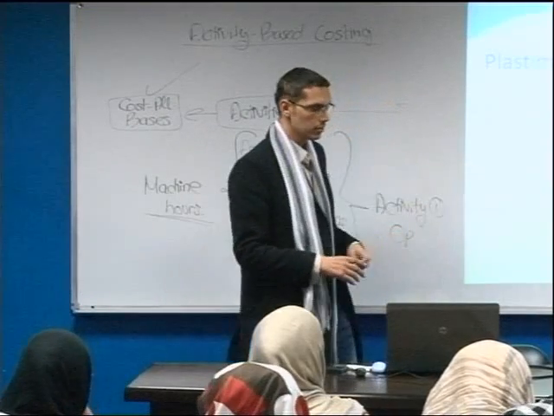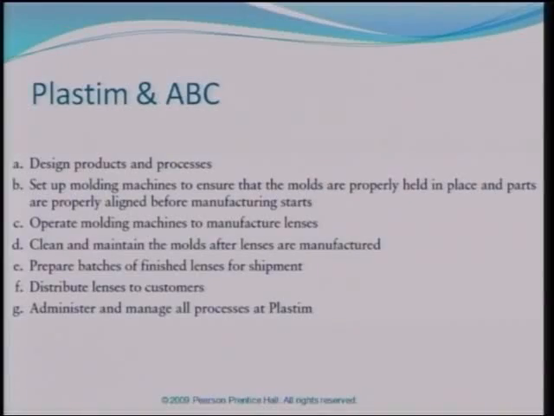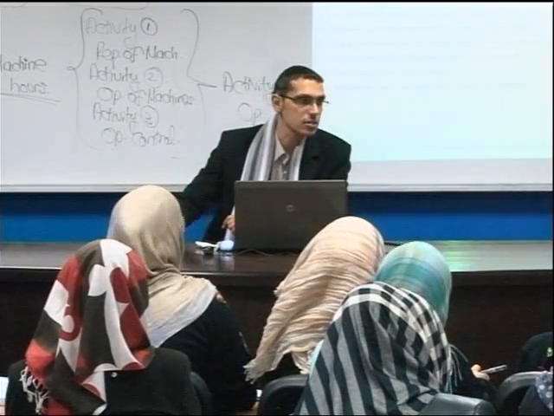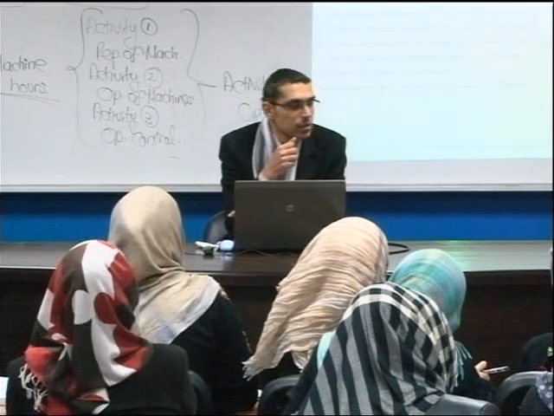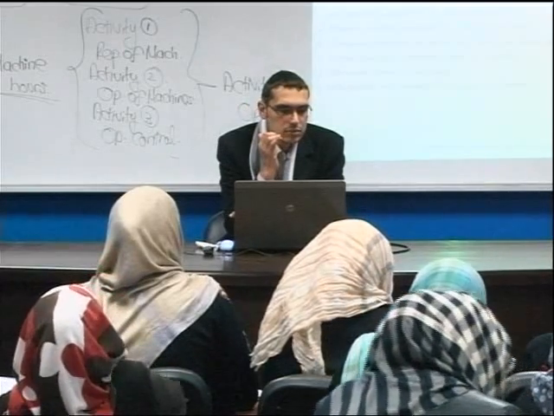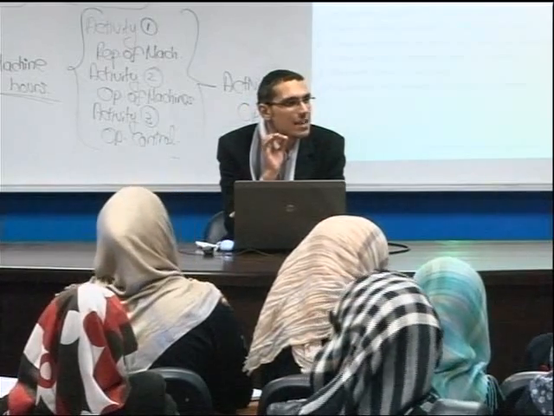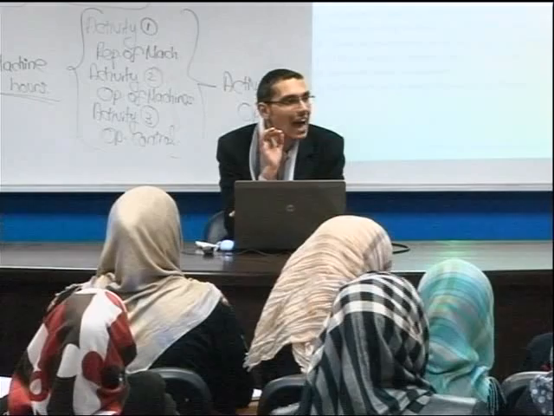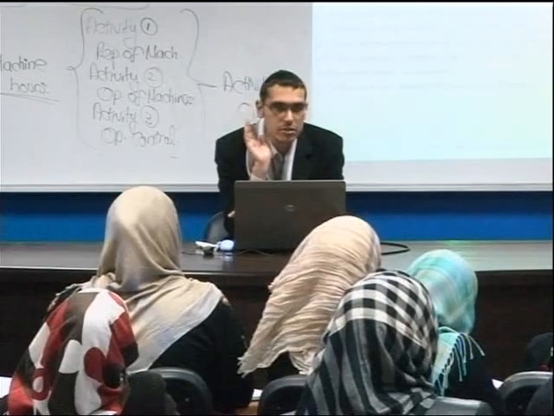As we can see here, according to their analysis of their manufacturing process, they found out that they have 7 different activities with 7 different allocation bases. That means 7 different cost drivers.